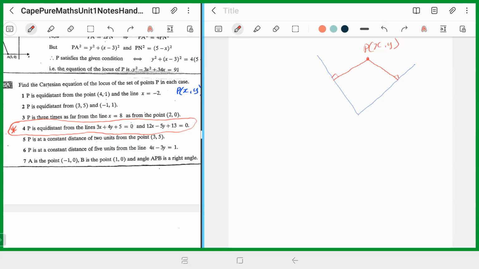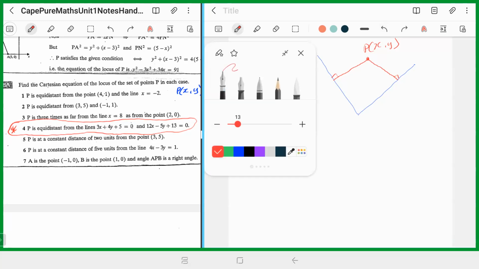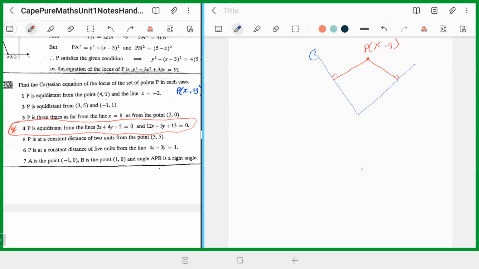So I'm gonna call this one equation 1, and this is equation 2. Equation 1 is the first line, this one, 3x plus 4y plus 5 equals 0.